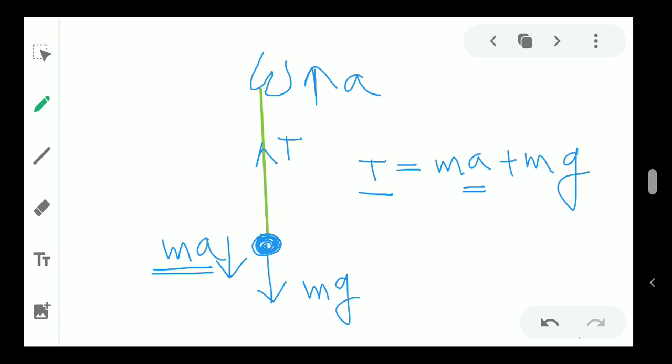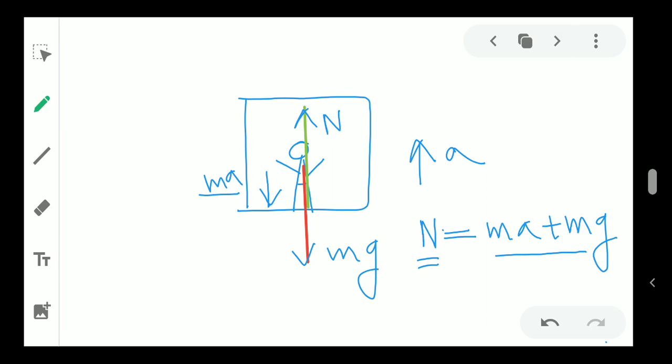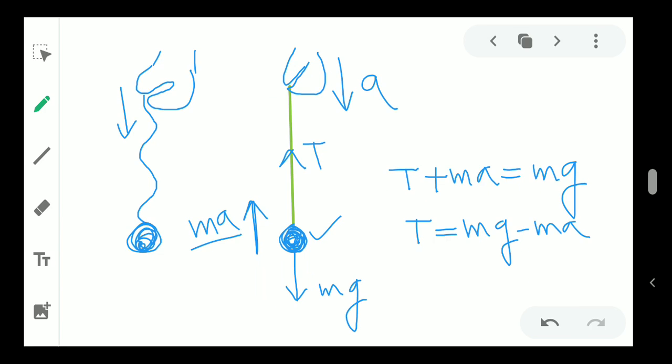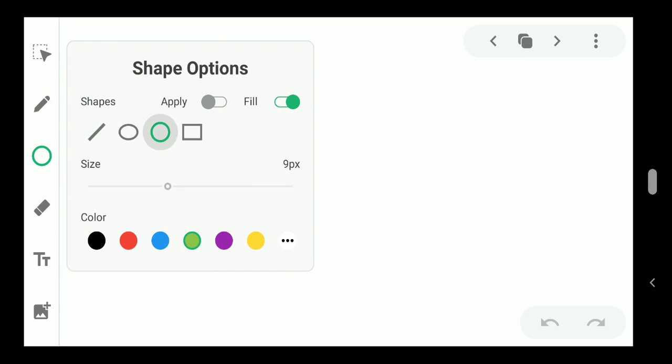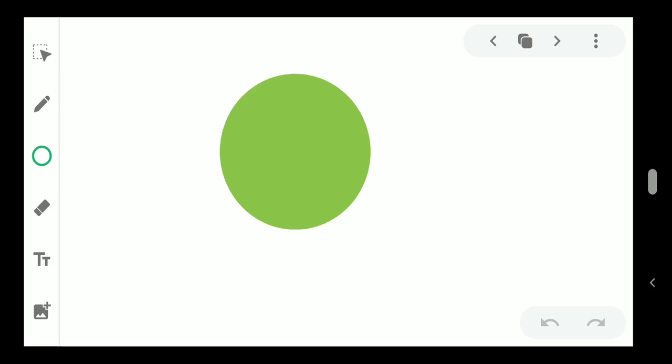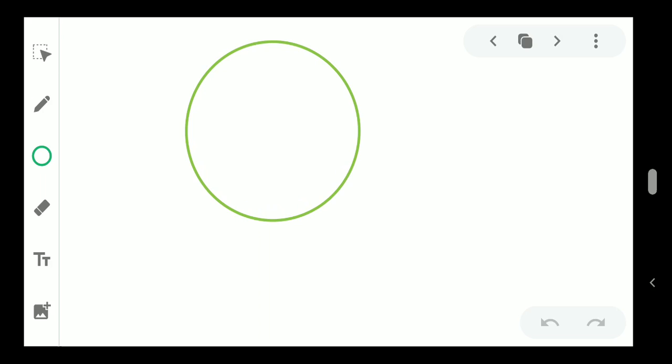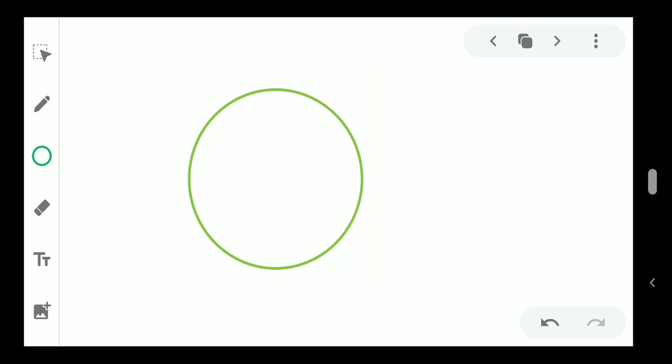So today's topic was this one, that is the reaction force and the third law of Newton. Now because of this third law, one thing I have told you earlier about circular motion. If you remember, I told you that in circular motion there are two types of acceleration.